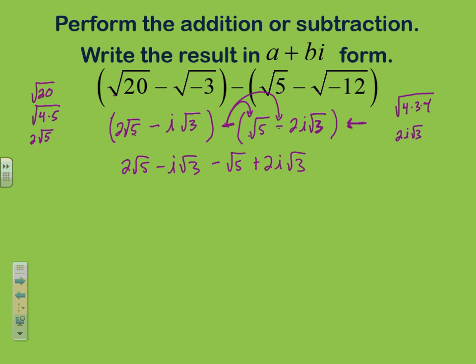Because what we see here is we have a real number, 2 radical 5, and another real number, negative radical 5. So that's like saying 2 minus 1, which would give you 1 radical 5 left over. Now the imaginary parts, I have a negative i radical 3 and a positive 2i radical 3, and those are like terms as well because they have the same radical part.